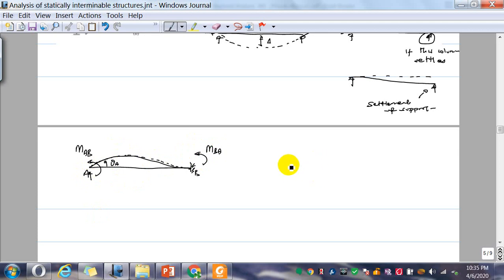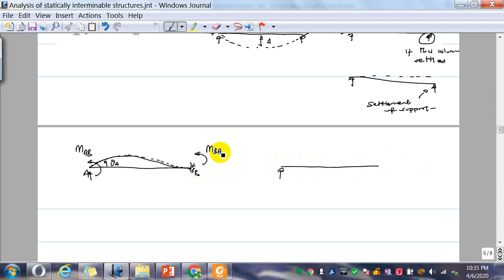So now if I translate this into a conjugate beam, you know that if it is a pin support, in a conjugate beam it's going to be again a pin support, and if it is a fixed support it's going to be a free end. The reason is, in a fixed support there is no deflection, there is no rotation.